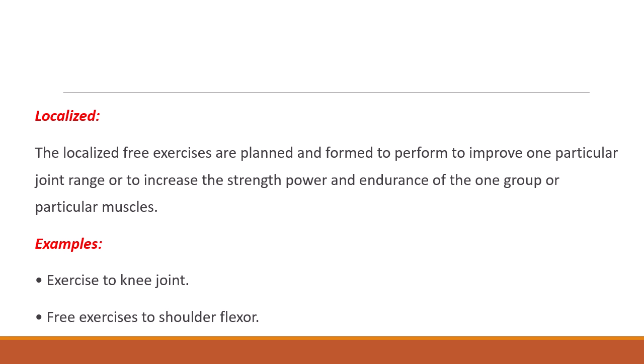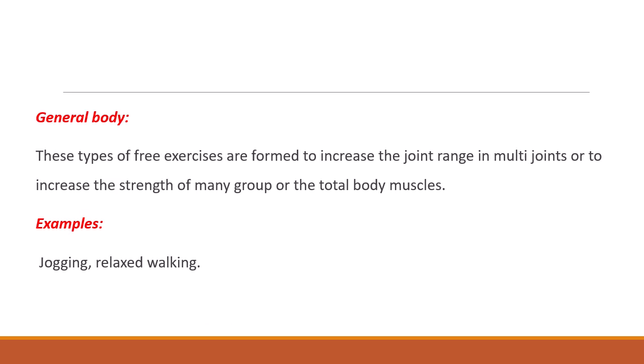For example, we can do exercise for the shoulder joint, focusing on that one to gain muscle power and range of motion so that the action can be done freely. For example, exercise to the knee joint, free exercise to the shoulder flexors. Then general body exercise. This type of free exercise is performed to increase the joint range in multiple joints, and to increase the strength of many groups or the total body muscles.